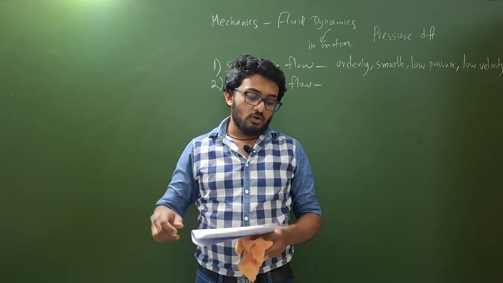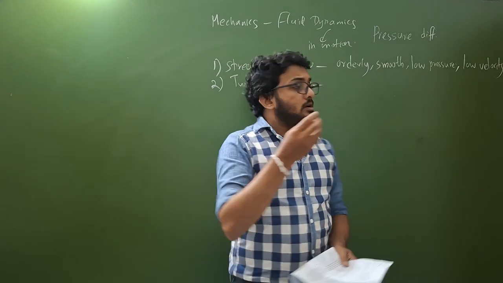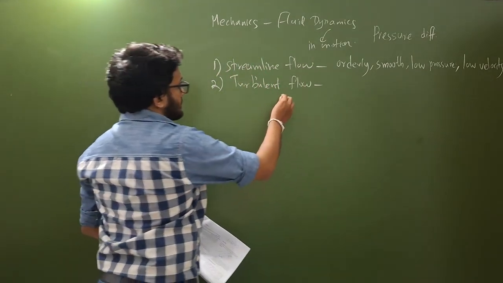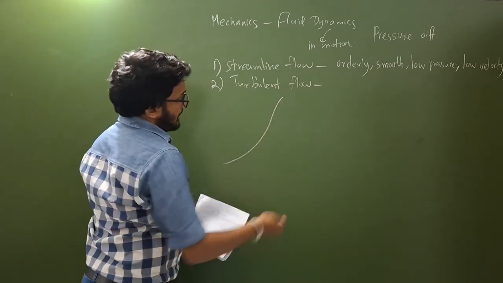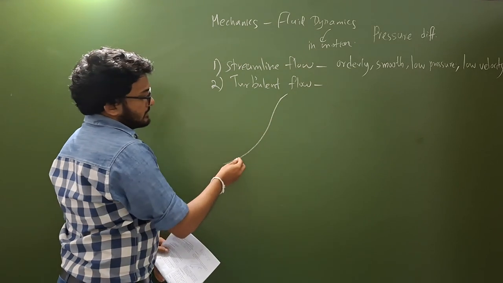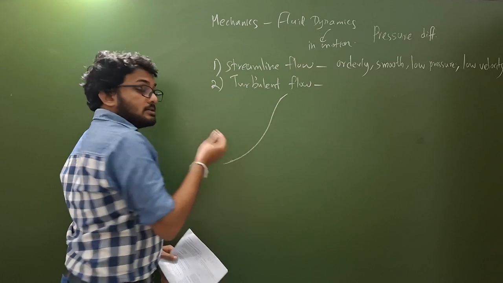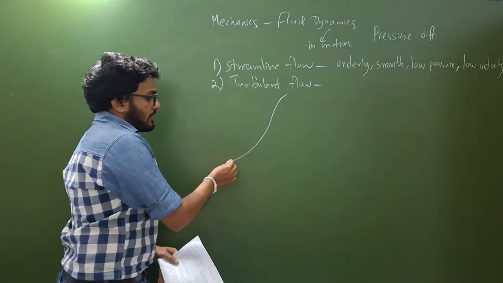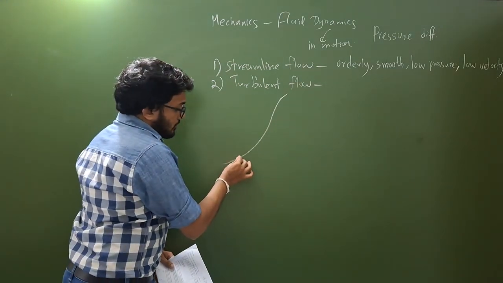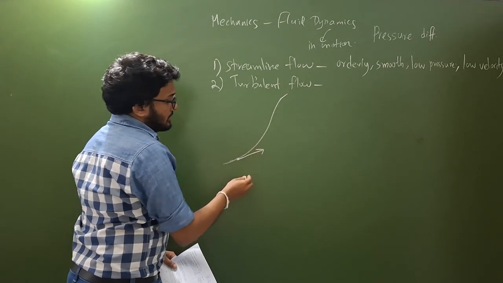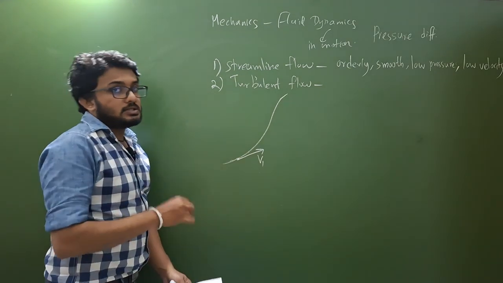If we talk more about streamline flows, when you consider a streamline flow, the path a fluid particle takes, if we take a fluid particle here, let's consider that this fluid particle travels along this path in its flow. If we draw a tangent to this point, this tangent gives the velocity of that fluid particle at this position.